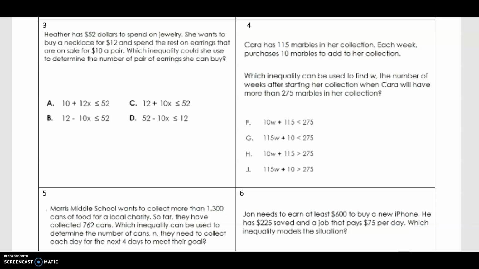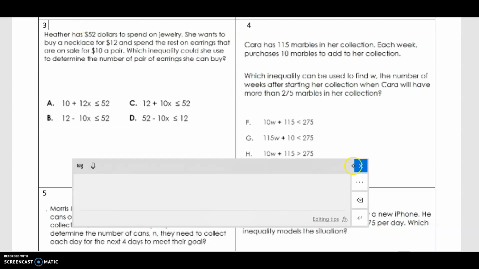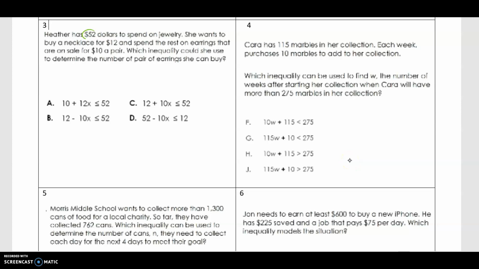So I'm going to just go through the problem as it talks about this story. So she has $52. Okay, so we have $52. And she wants to buy a necklace for $12.